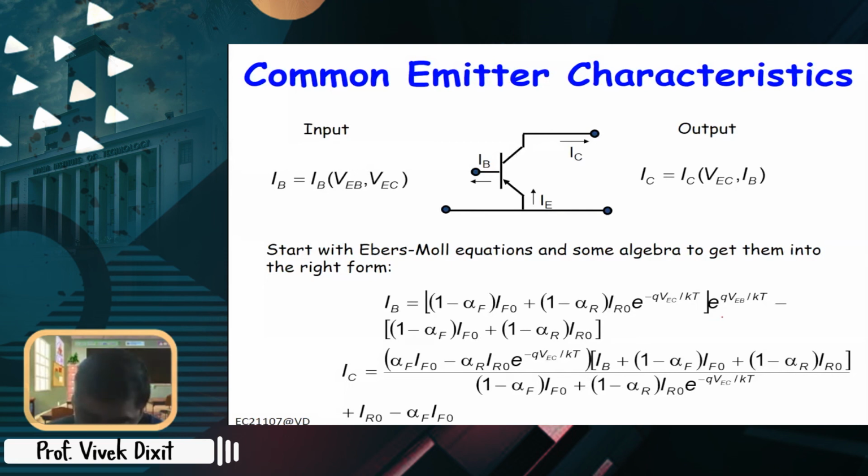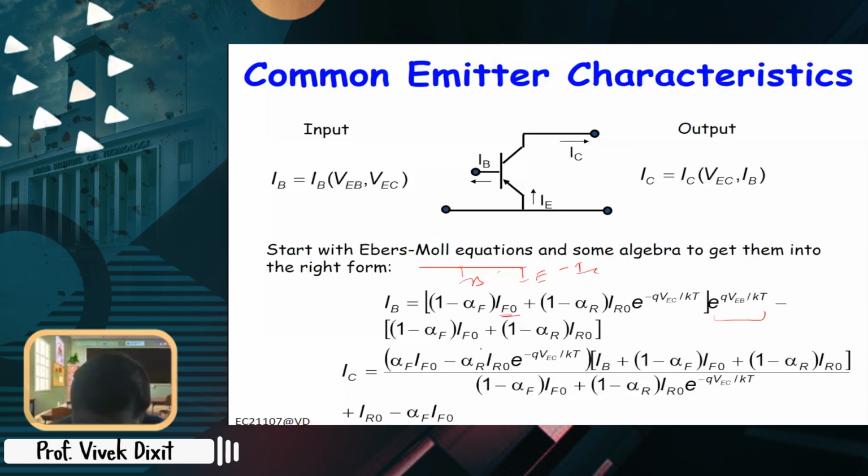You can look at this expression, QVB by KT, right? So your IB is basically IE minus IC. Now IE is IF naught exponential QV by KT minus 1, right?